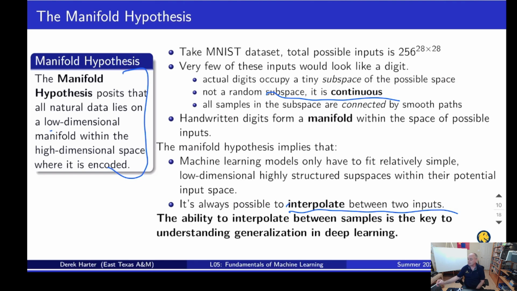And that ability to interpolate between sample points is the key to understanding how generalization is possible in deep learning. Okay.